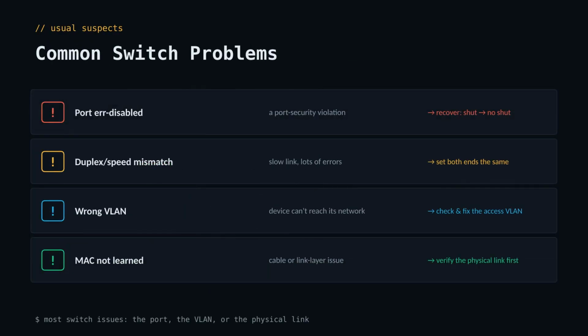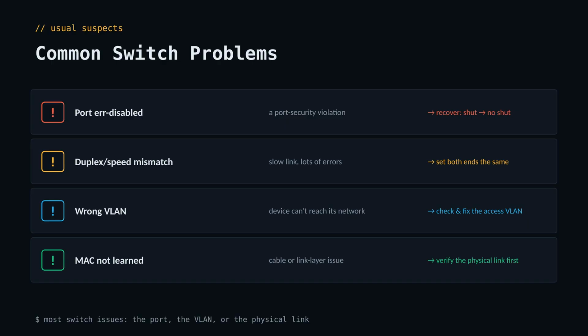Once you've spotted something off on that dashboard, these are the usual suspects you'll keep running into. An err-disabled port almost always traces back to a port security violation, and the recovery is a simple shutdown, followed by no shutdown once you've fixed the cause. A duplex or speed mismatch shows up as a slow, error-ridden link.